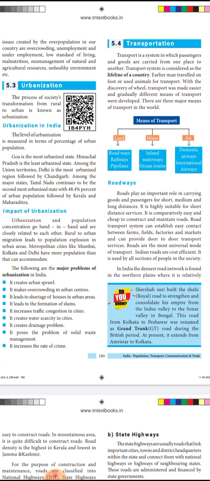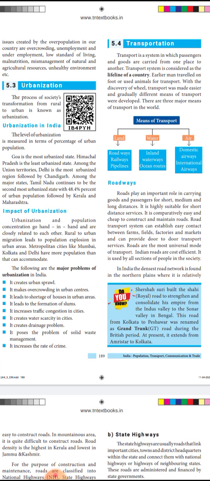Next comes the railways. It is the main artery of the country's inland transport. That is how an artery is very essential for transportation of blood from one place to another in our human heart. The same way, Indian Railways acts as the main artery in the country's inland transport. It is also considered the backbone of the transport system.